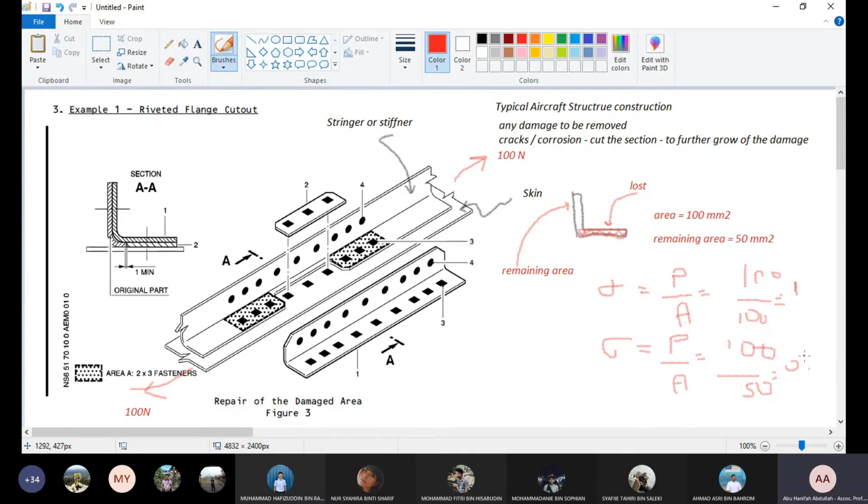What do you get? What is the new value after you remove? 2.